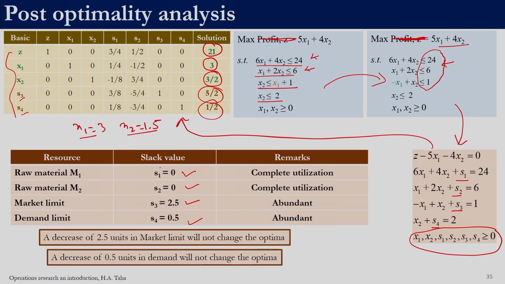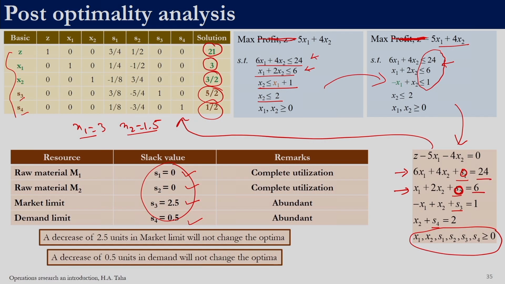Now, let us look at what these values signify. S1 was related to the first constraint and S2 was related to the second constraint, right. In this equation, at the optimal solution, this is 0 and this is 0. That means the entire quantity of raw material 1 and 2 which are available is utilized.